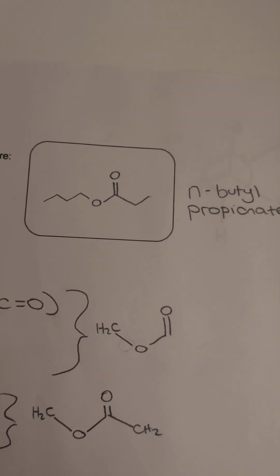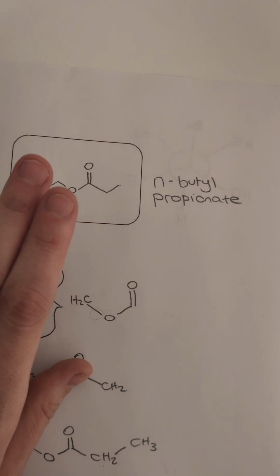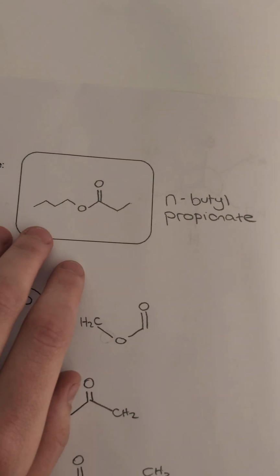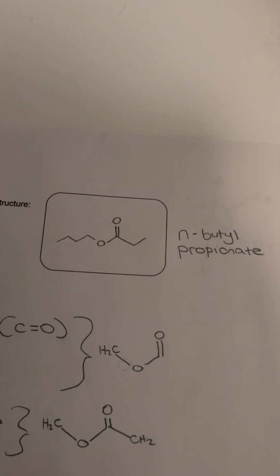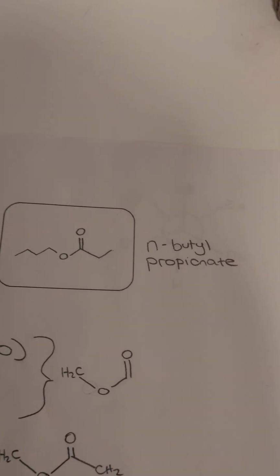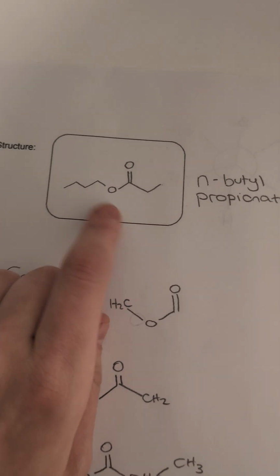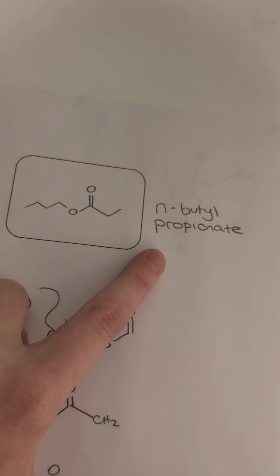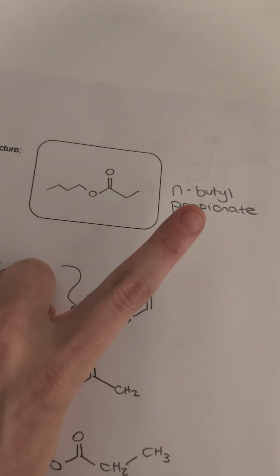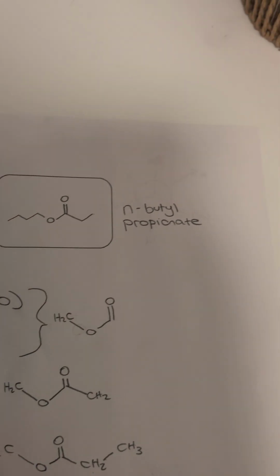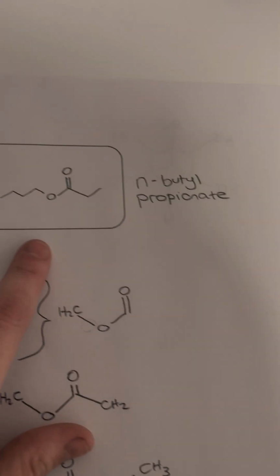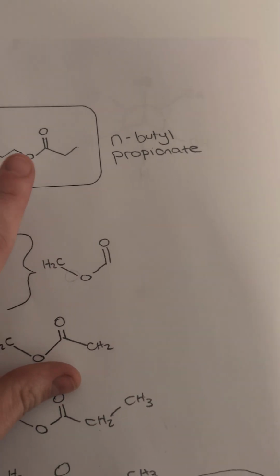So ultimately this is the configuration and the structure that I came up with, n-butyl propionate. And it's an ester that has 7 carbons, 14 hydrogens, and 2 oxygens.